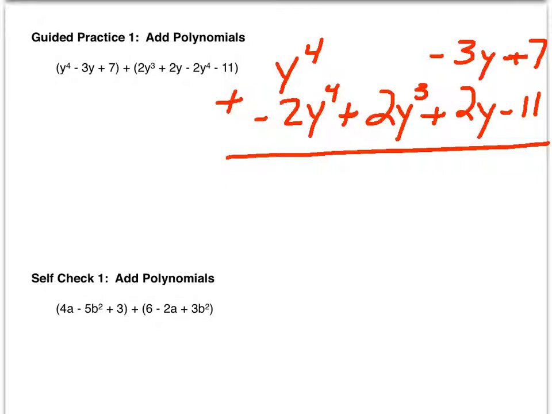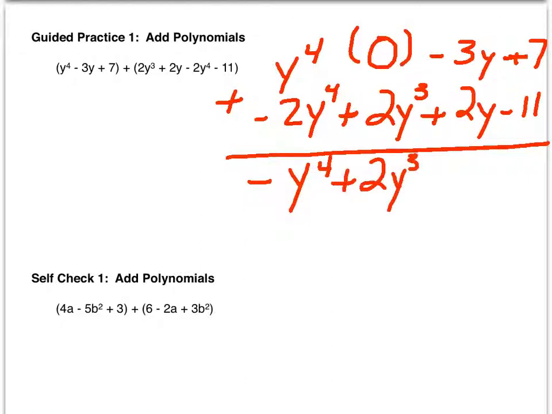So y to the fourth plus negative 2y to the fourth is negative y to the fourth. This is in effect a 0, okay? So if you want to put it there, you can, just so you know. 0 plus 2y to the third is 2y to the third. Negative 3y plus 2y is negative y. And 7 plus negative 11 is negative 4. So your answer would be negative y to the fourth plus 2y to the third minus y minus 4.